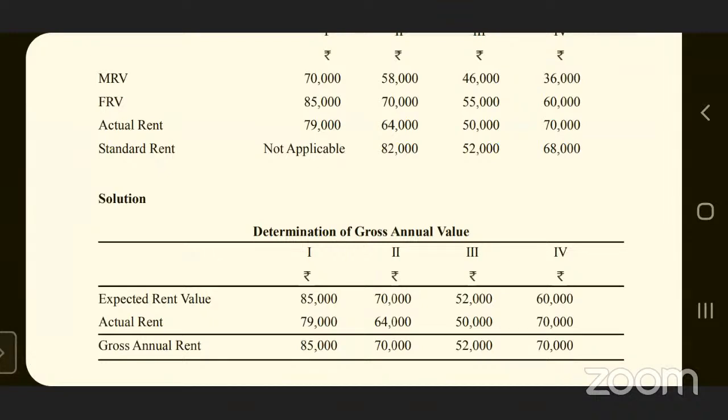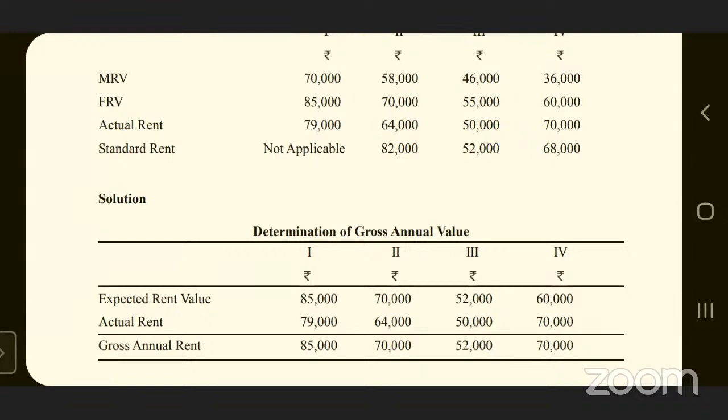That's why I mentioned in the beginning of the class that gross annual value is not completely concerned with the actual rent received. Under the Income Tax Act, there are certain provisions to compute income from house property.